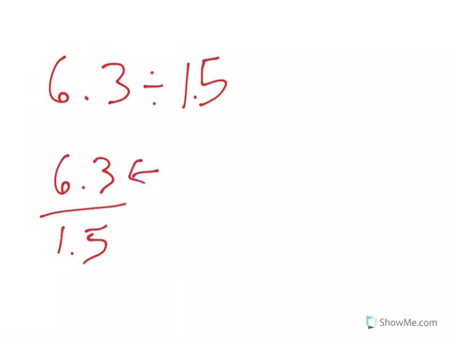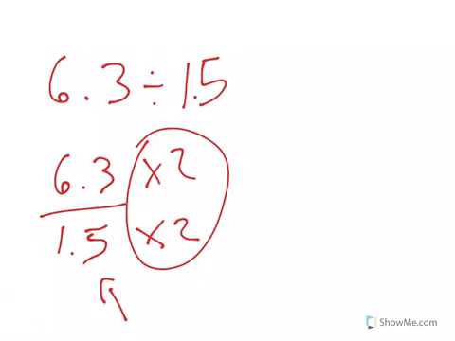So even though this is 0.3 and this is 0.5, I'm going to really just, at this point, worry about this one. So I'm going to multiply that by 2. And if I do that, of course, I have to do both by 2, right? 1.5 times 2 is going to be 3. 6.3 times 2 is going to give me 12.6.